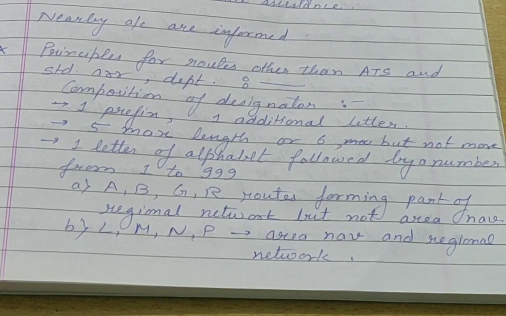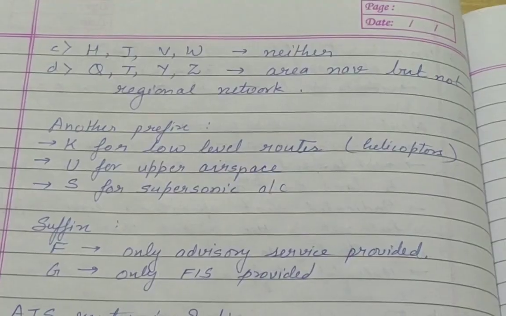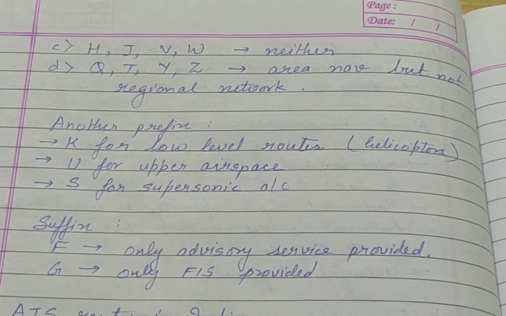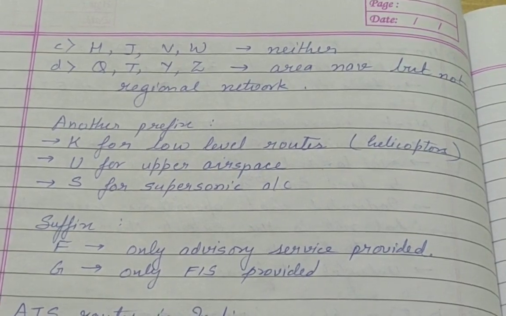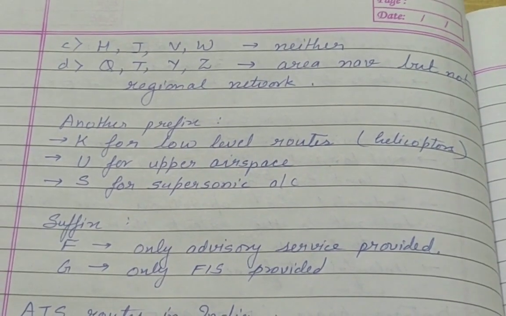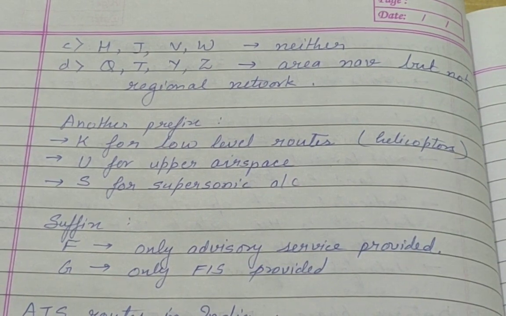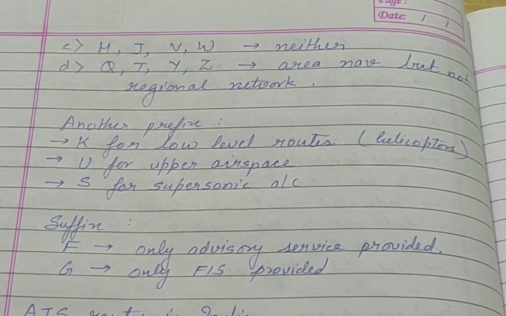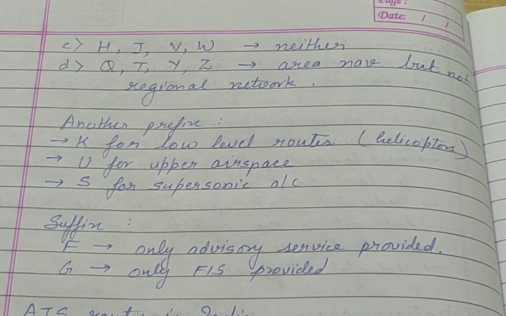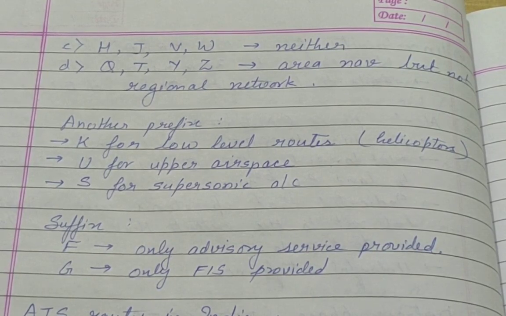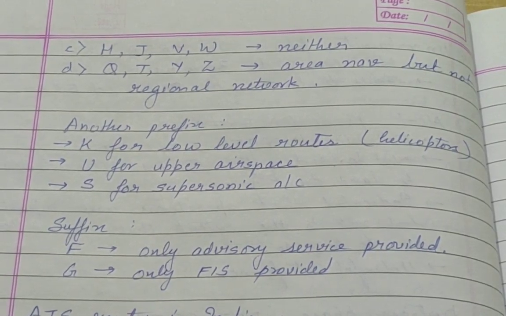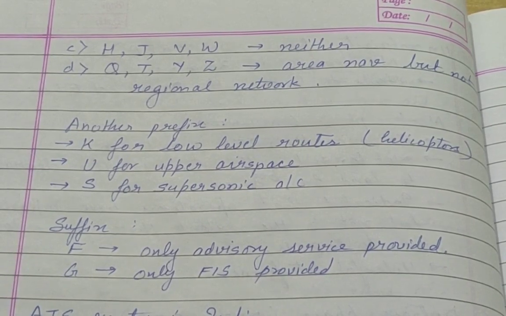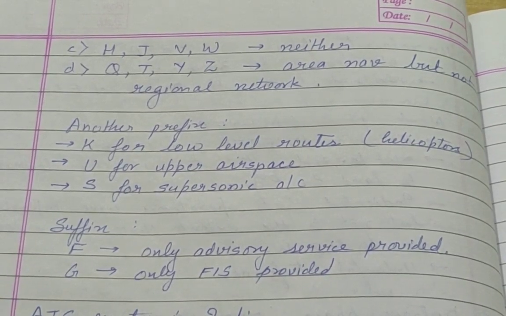H, J, V, W are for the routes which do not form part of the regional network of ATS routes and are not area navigation routes. Lastly, Q, T, Y, Z are for area navigation routes which do not form part of the regional network of ATS routes.